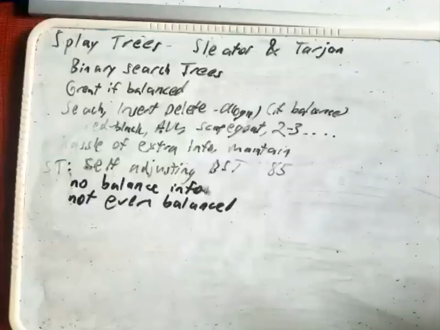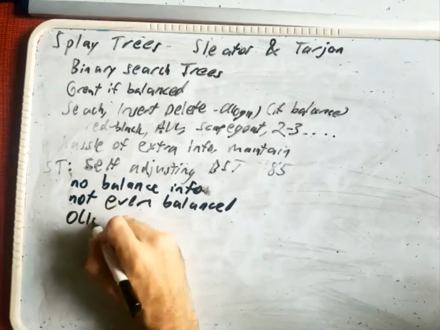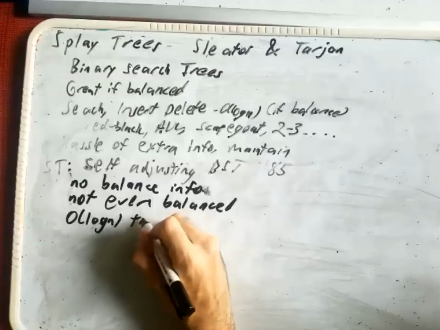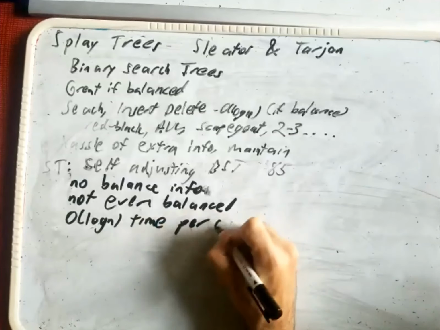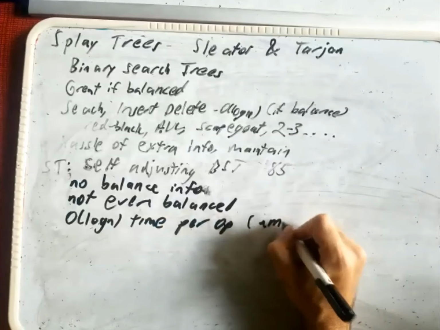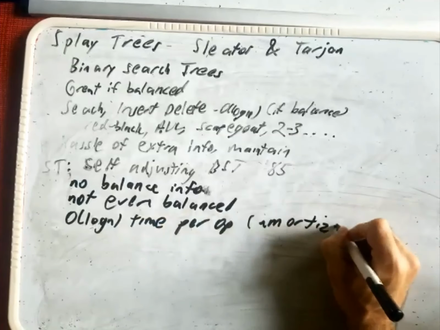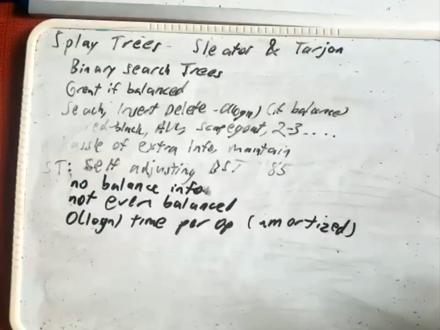Just like the Fibonacci heap, these self-adjusting trees can sometimes end up looking like linked lists, okay? Nevertheless, they only take order log n time per operation in an amortized sense. Because they are not balanced, some of your operations may be very slow, but if you amortize over all the operations you perform, these are just as good as regular binary search trees.